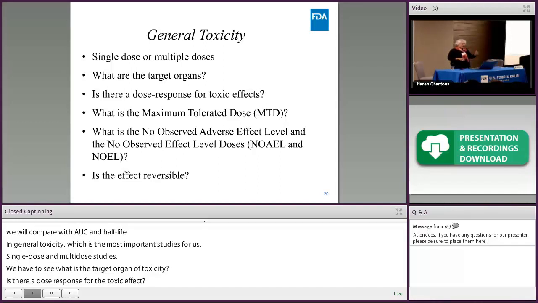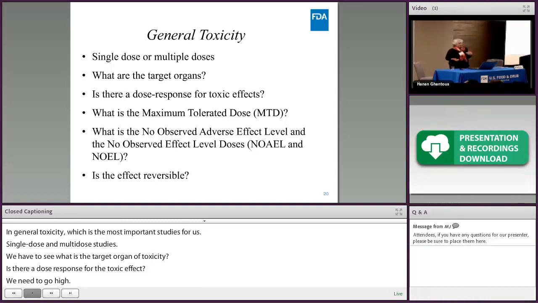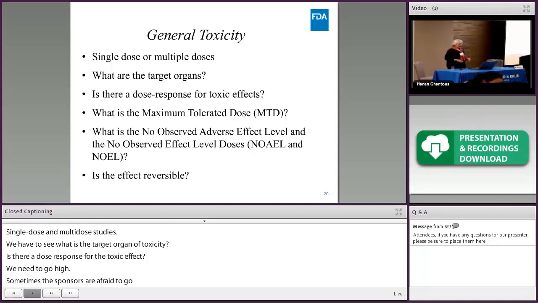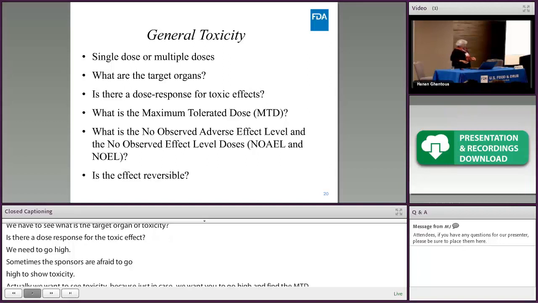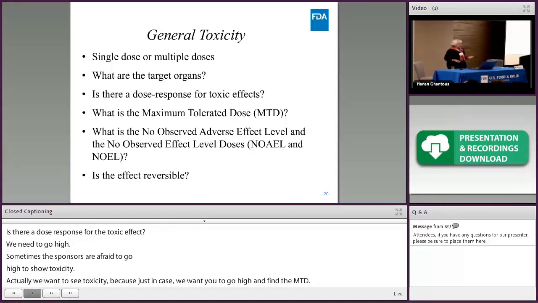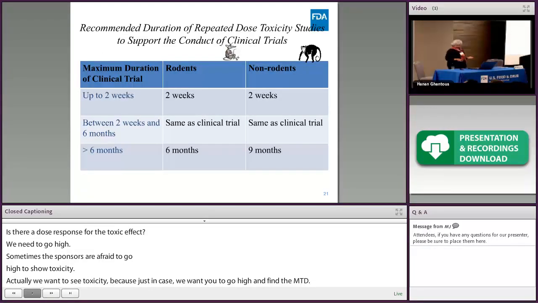Actually, no, we want to see toxicity, so we want you to go high and find the MTD. And also the no adverse effect level, which is used to calculate the first-in-human dose. And also it's very important to know if the effect is reversible or not when we stop giving the drug.